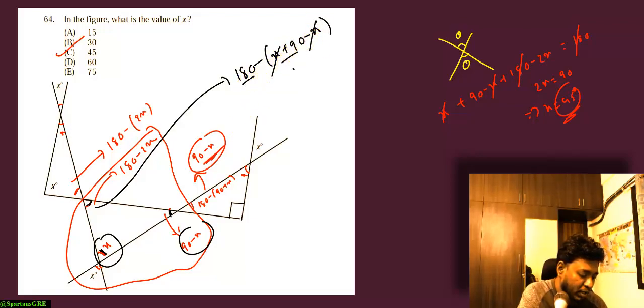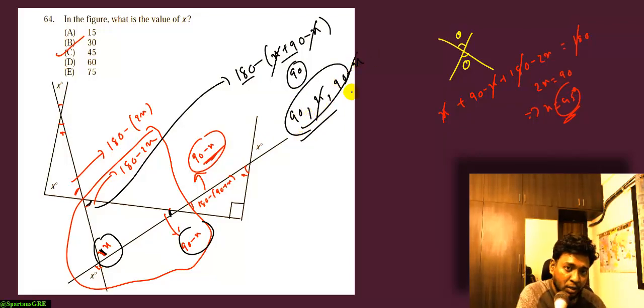So 180 minus 90 will give you 90. So this will be 90. If you start adding, now you have three angles, 90, x, 90 minus x. If you add them, you will get 180. So to solve this equation, you should get this variable from another triangle, right? That's why I'm taking this as 180 minus 2x and not as 90, right?